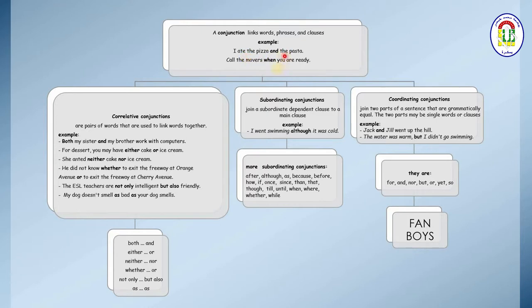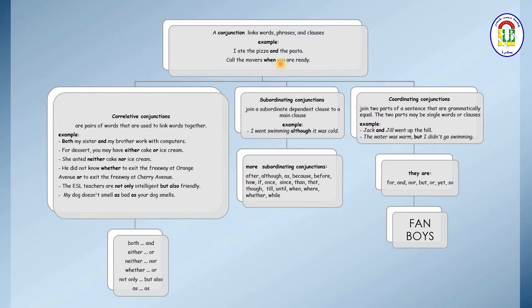But here I have a complex sentence. A complex sentence is the sentence which normally contains a subordinating conjunction or even a relative pronoun. We call it a complex sentence because it contains a main clause plus a subordinating clause or a dependent clause, or what we call a relative clause, combined together with a subordinating conjunction or a relative pronoun.